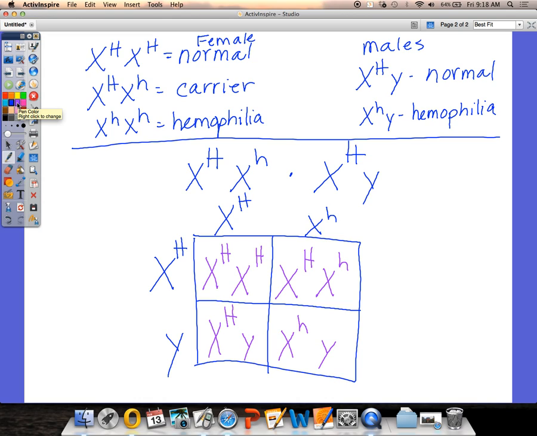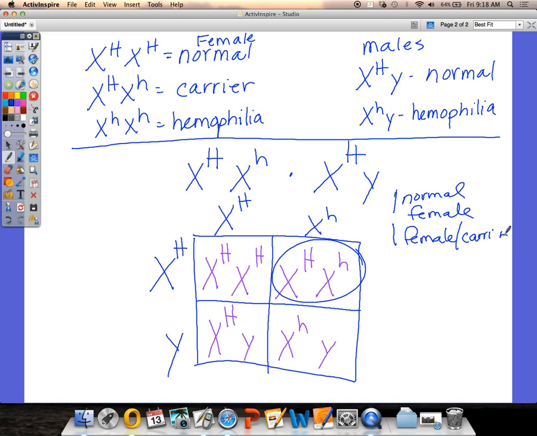So this time we have one normal female, and we have one female who's a carrier, because of this little h right here.